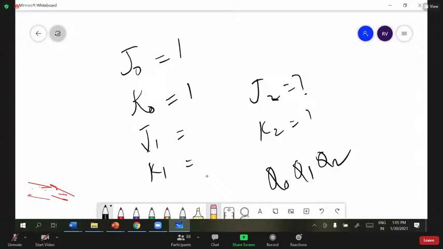Is equal to 1, right? Then J1 is equal to Q naught. Check it properly. Otherwise, if any small problem is there, I will show you.